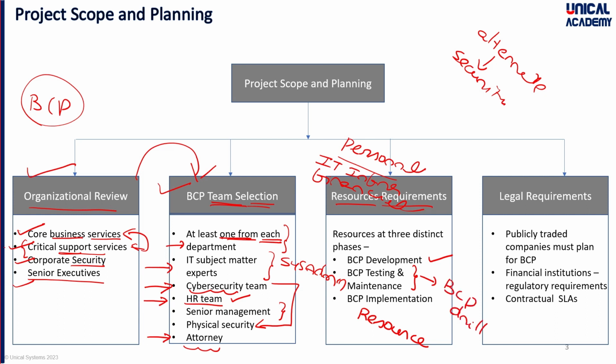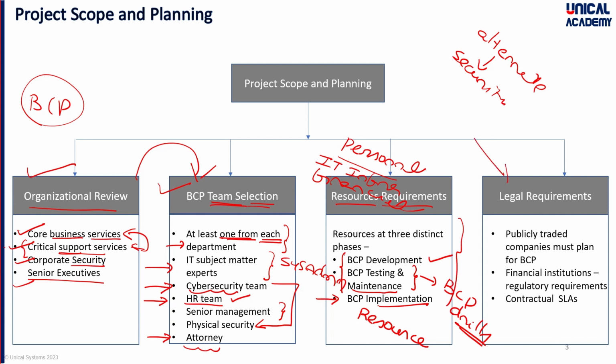Those drills are essential to ensure viability, sustainability, and maintainability of the approved BCP plan. Then BCP implementation: when an unfortunate situation happens, how quickly the planned, tested, maintained BCP can be implemented. At these three junctures, we need resources.